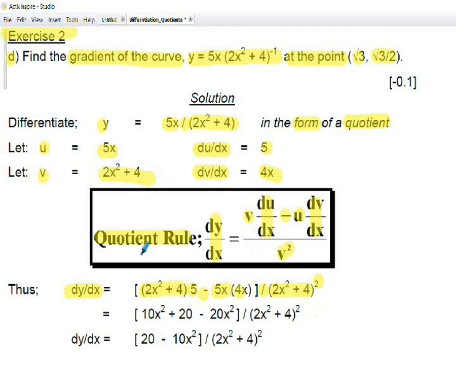Now I'm just trying to start to simplify the expression. So I've multiplied the bracket here by 5, so 2 times 5 gives me the 10x squared, plus 4 times 5 is 20, and I'm taking away 5 times 4 is 20, x times x is x squared. Dividing it by the bracket, I've decided not to square the bracket, I've left it as it is.